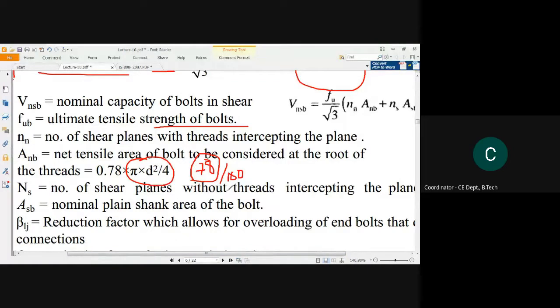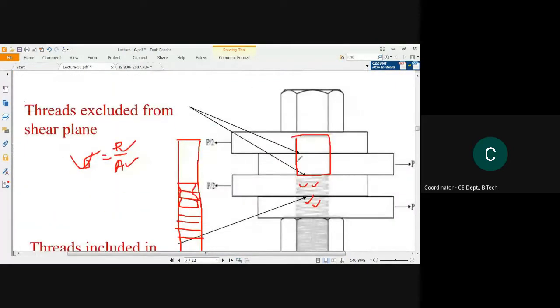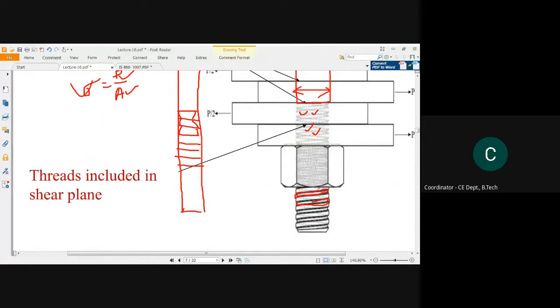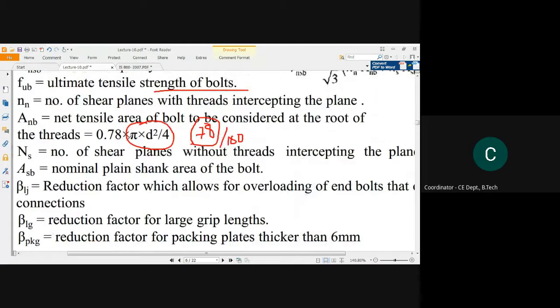Here the diameter will be given. If this plain diameter is given to be 20 millimeter, then the net area will be 0.78 into pi into 20 square divided by 4, equal to some amount of area in millimeter square. That will be your Anb.